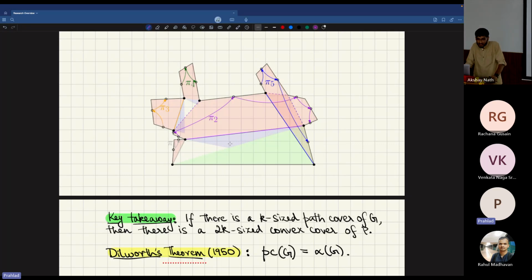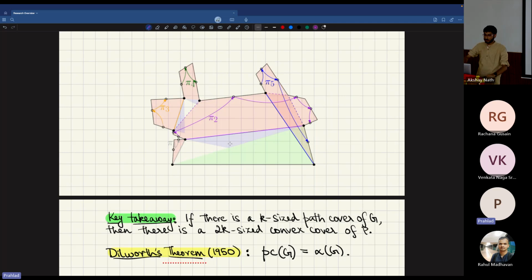Maybe there is a way. We also gave examples where even if you maximally extend each of these red polygons, instead of doing this blue-green thing, you still don't cover it, unfortunately. That would have been great, but we couldn't make it work. Maybe there's a way to choose a good path cover, a good optimal path cover.